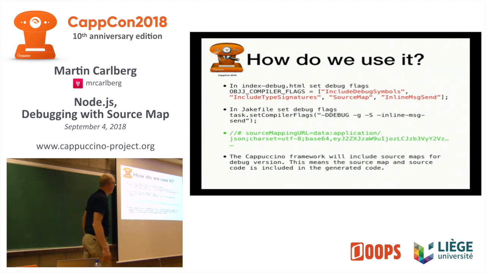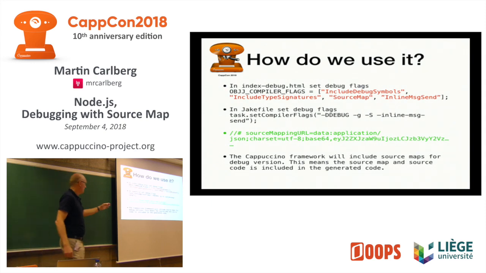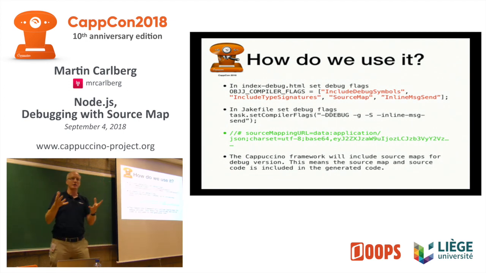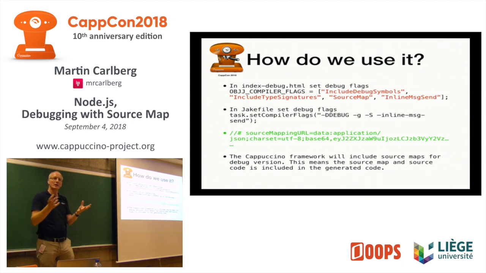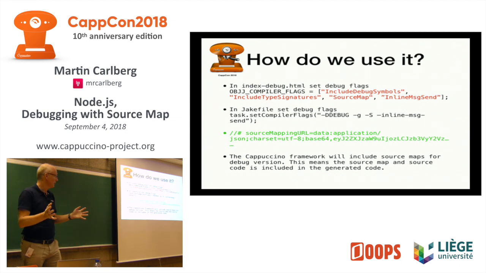When you build the Cappuccino frameworks, the debug version will include the map file and the source file for each generated file. So if you just use the debug version of Cappuccino, you will automatically get source maps, which is really convenient.